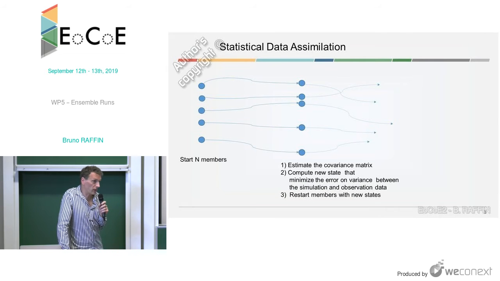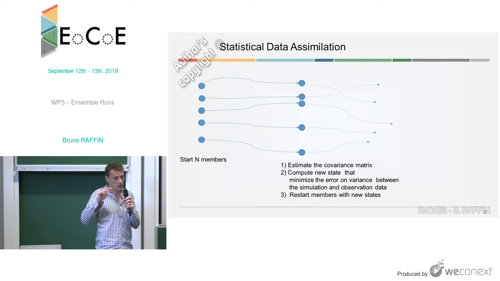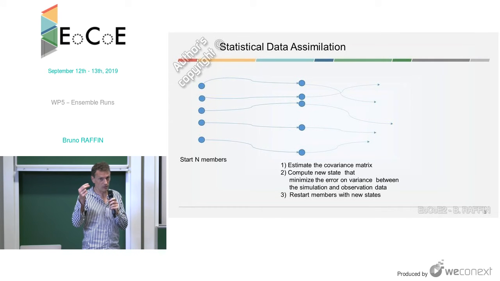It's a small work package, so I think it's going to be a short presentation as well, compared to the other work packages. What is data assimilation and statistical data assimilation? You have two categories of data assimilation techniques: some that just use one simulation, and some that use a sample of simulations.